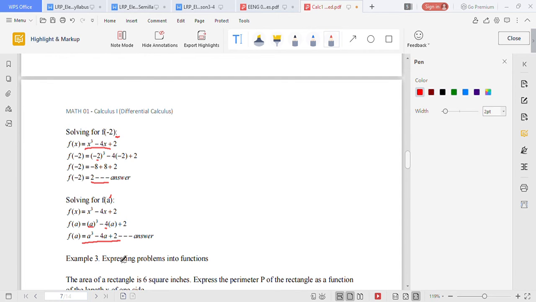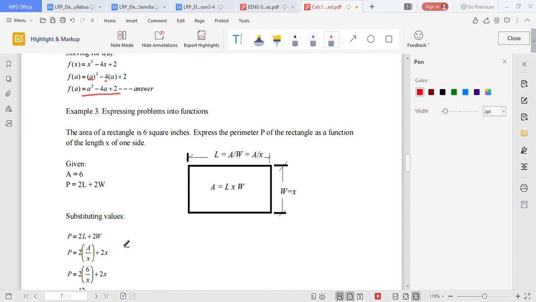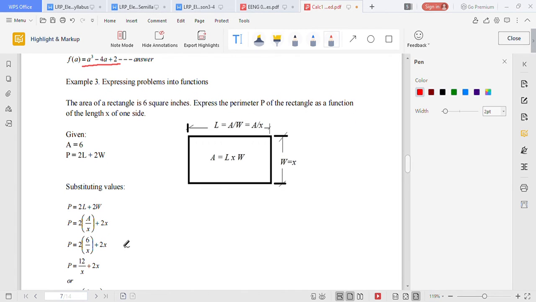Why are functions important when it comes to calculus? Here, we are going to translate verbal problems or physical problems into mathematical forms or equations. That is why we need to learn the art of translating a problem into a mathematical equation.